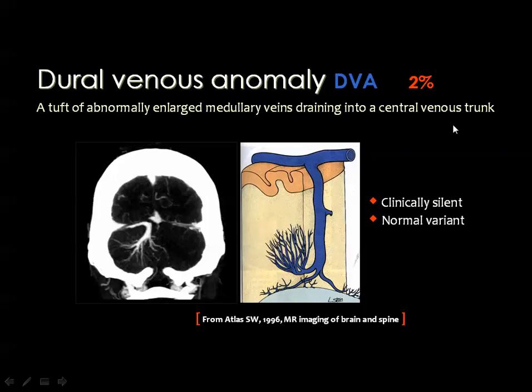You see this is a tuft of small vessels drained by an enlarged medullary vein. On the CT or MRI, you can see the draining vein and the tuft of small veins. This is a clinically silent lesion. It does not produce any symptoms.